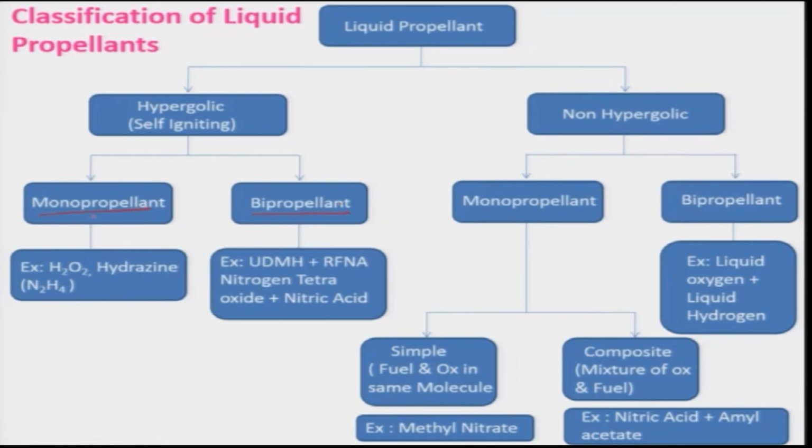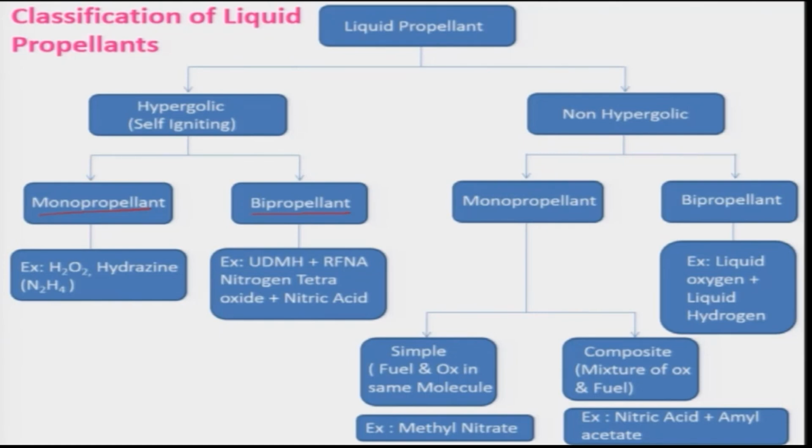Of course, for the single propellant there are several kinds. Some of the examples are hydrogen peroxide and hydrazine, and keep in mind that this single propellant can be decomposed into its products, particularly when it is heated or comes in contact with catalysts.